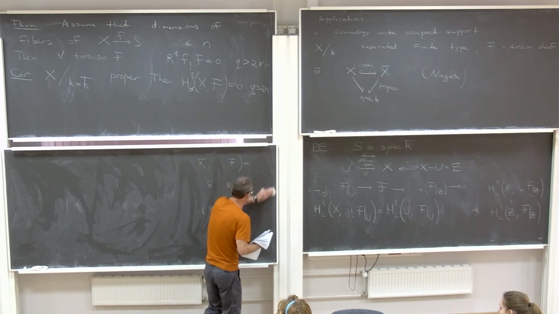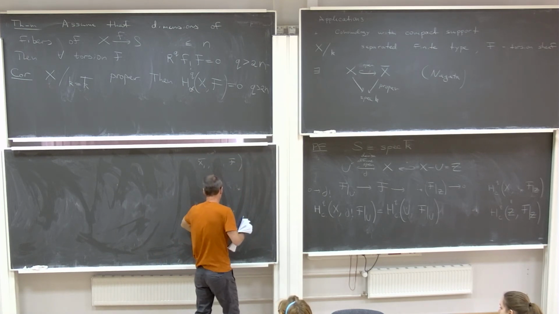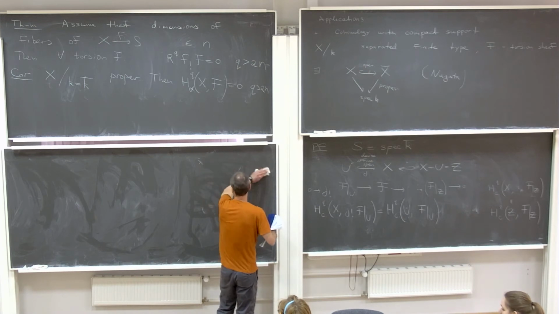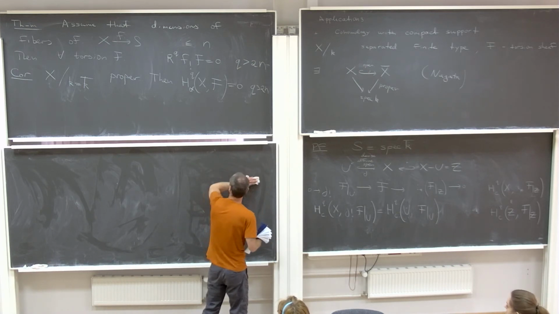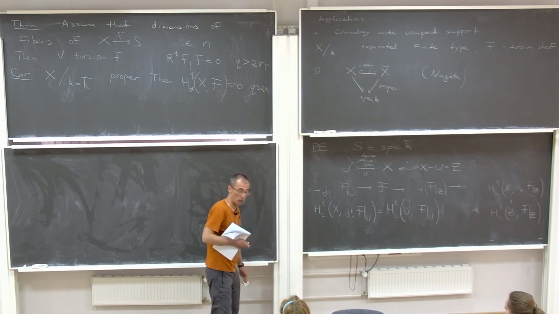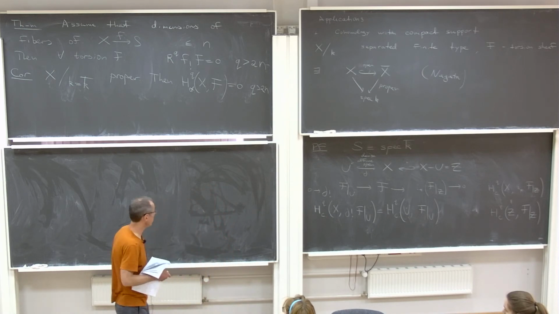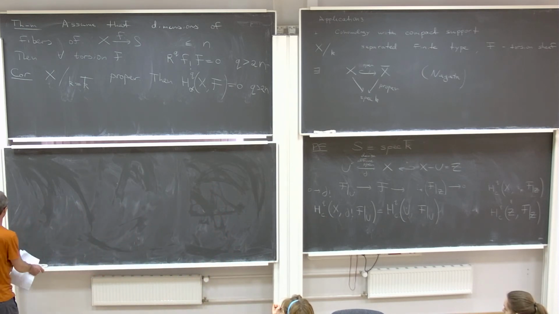So the first result in commutative algebra, the most useful result for application in algebraic geometry, is the Noether normalization lemma.